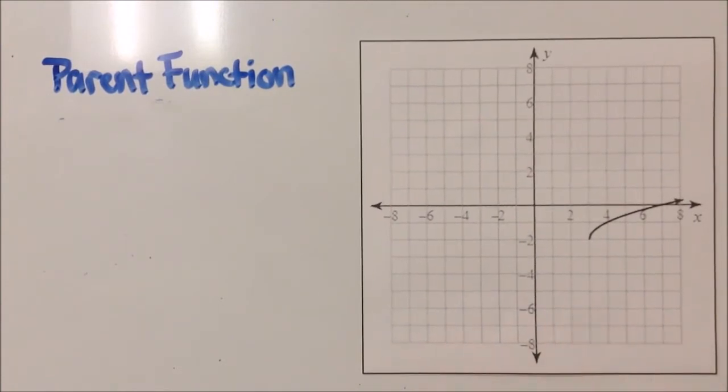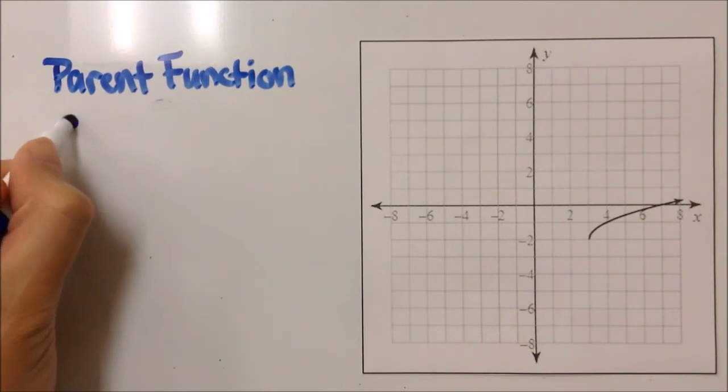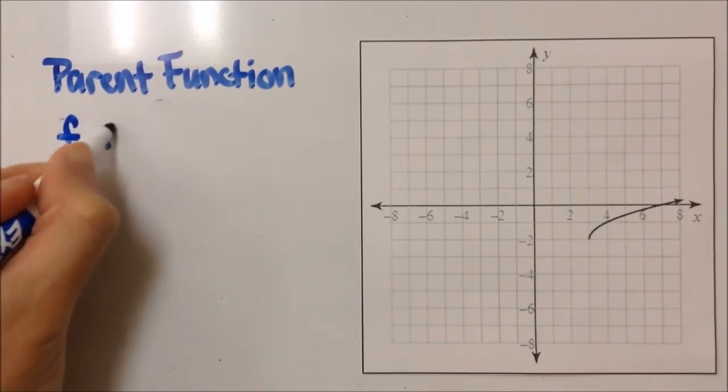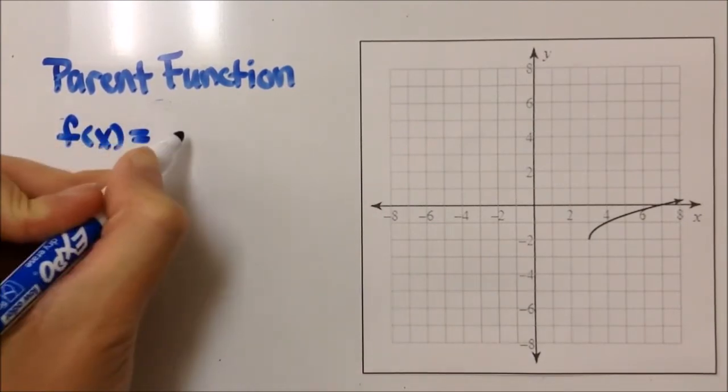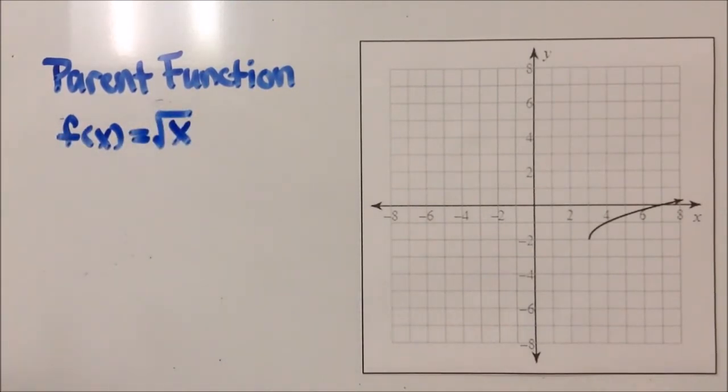With this second graph of a transform function, we see that it's the square root. So for the square root, I'm going to write the parent function. Say it's, again, f of x equals the square root of x.